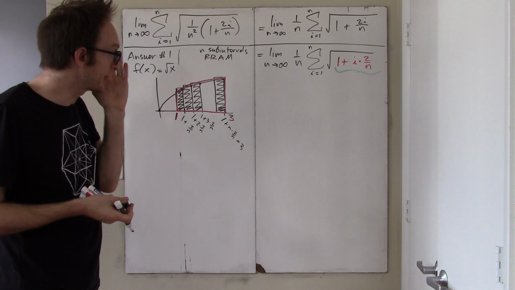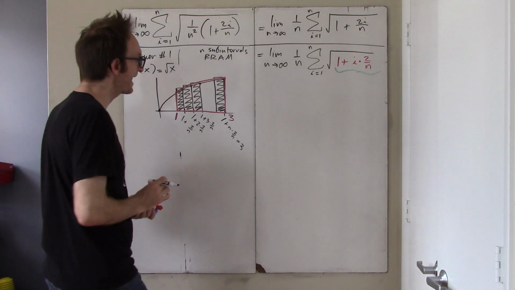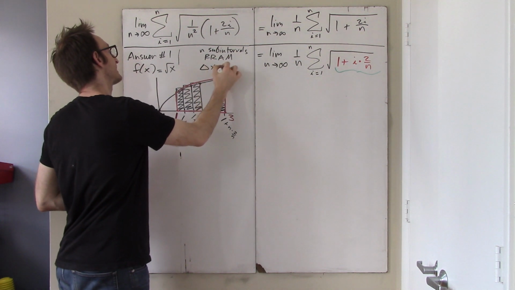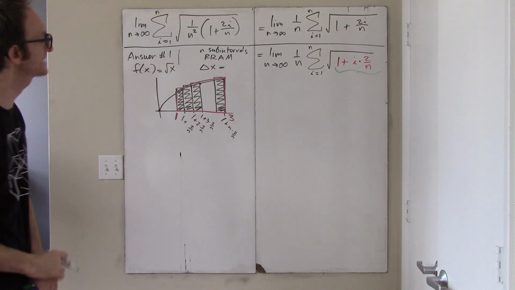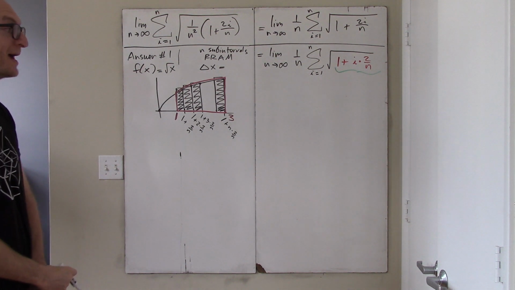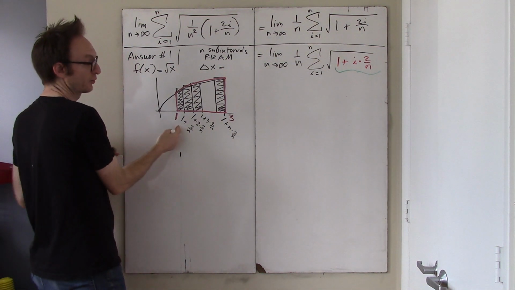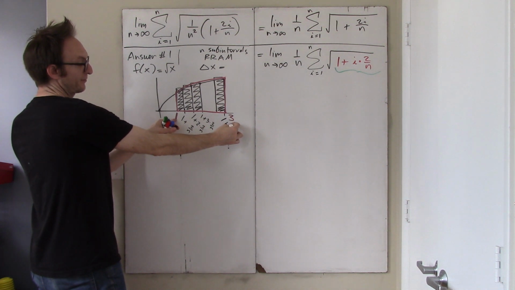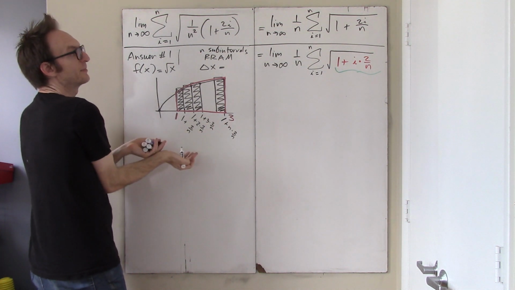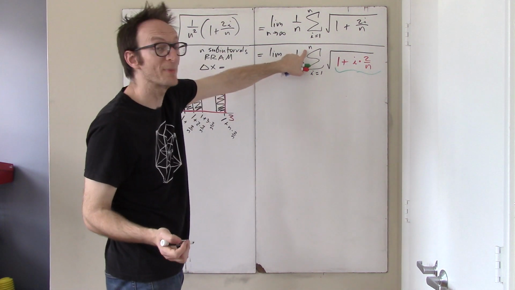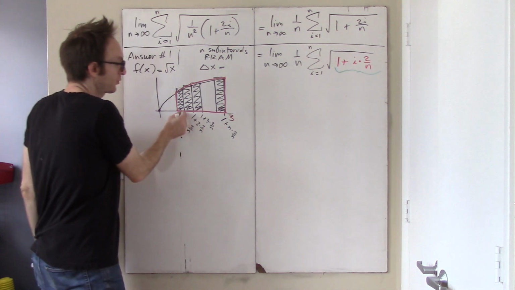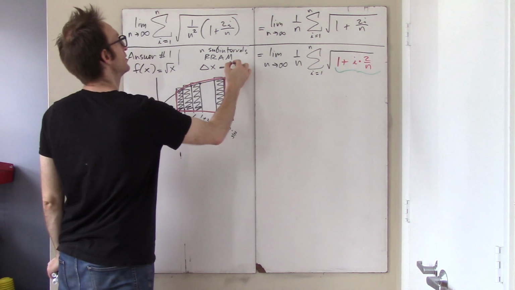Everything appears good until I start to recognize, well, okay, what is delta x? Delta x in this case is 2 over n. It's certainly true that the width of this interval is 2, from 1 to 3. I'm using n subintervals. I clearly am adding up n things, so I really am using n subintervals. And the width of each one of these rectangles just is 2 over n.